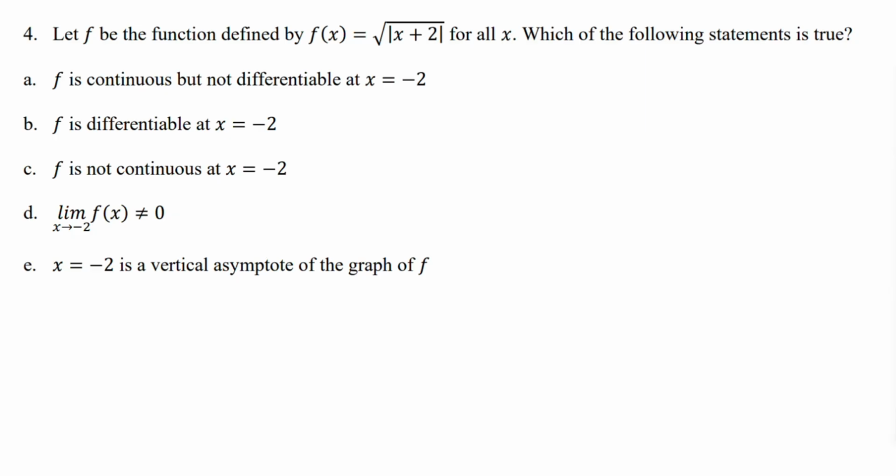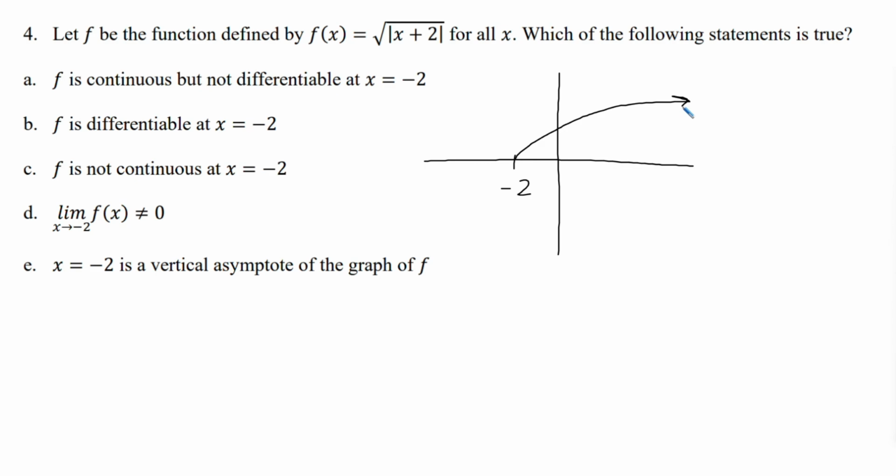For number 4 here, we have a function that's defined by the square root of the absolute value of x plus 2. And we want to know which statement is true. Well, the easiest way to know which statement is true is to just understand that this is just like the square root of x plus 2 when the values of x plus 2 are positive.